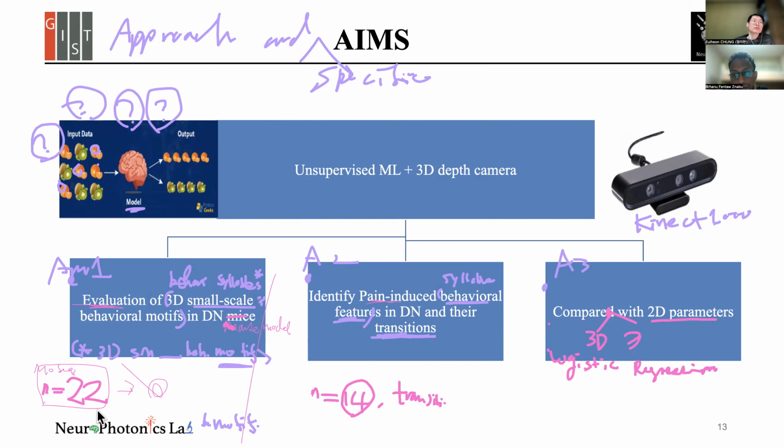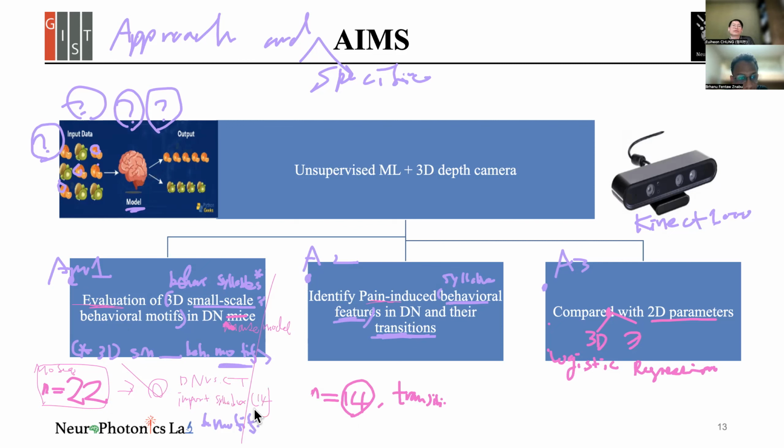So the aim one, you apply this to DN versus control to identify important syllables. That is like 14.